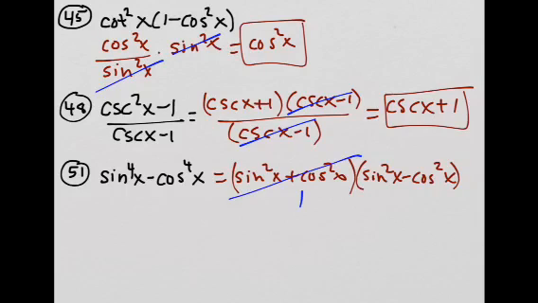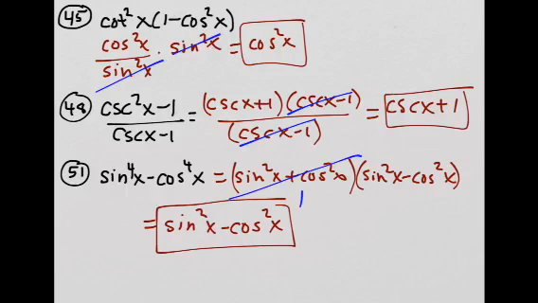So then your answer would be sine squared x minus cosine squared x. And I know this is a difference of squares also, and you could factor it again, but it won't simplify any further, or you won't be able to replace it with anything to simplify it more. So this is actually considered the most simplified way right now. And that's the end of the homework.